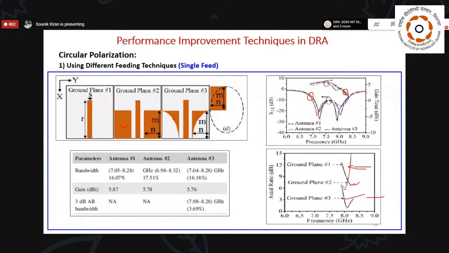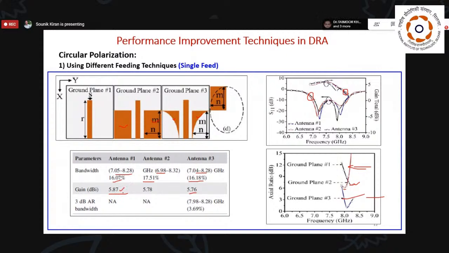And the detail of the bandwidth we can see here. The percentage bandwidth remains unchanged or changes very little. There is no issue. The gain is a bit reduced as compared to the standard one.